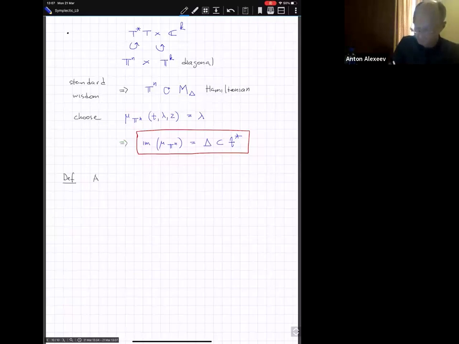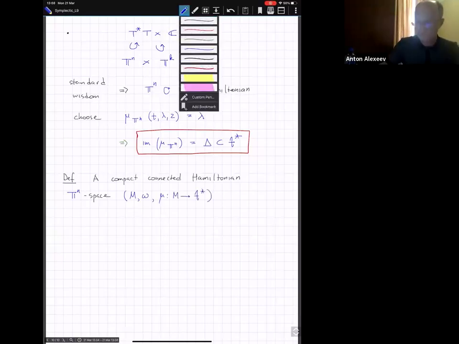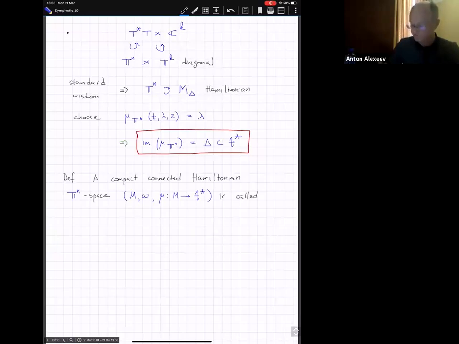A compact connected Hamiltonian Tn space, say omega m omega mu T star, is called multiplicity free if all its reduced spaces are either points or empty, right?